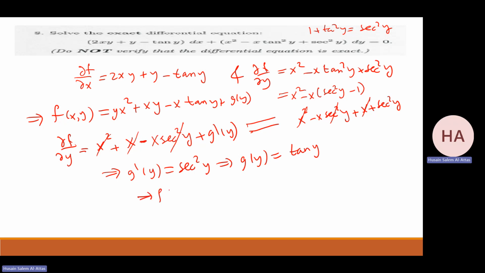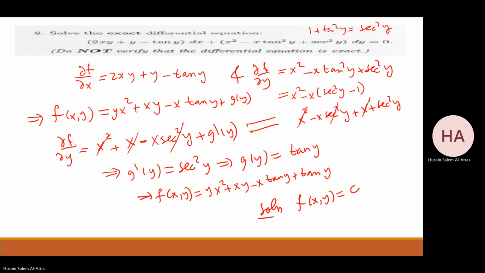So my f of x and y will be what? Will be y x squared plus x minus tan y plus y. And my solution, f of x, y equals.